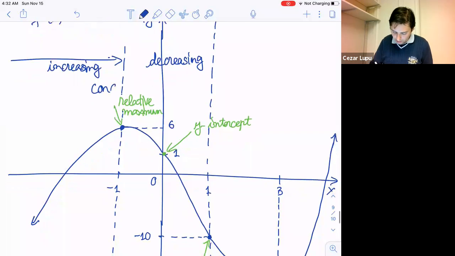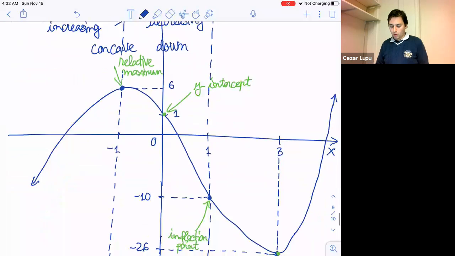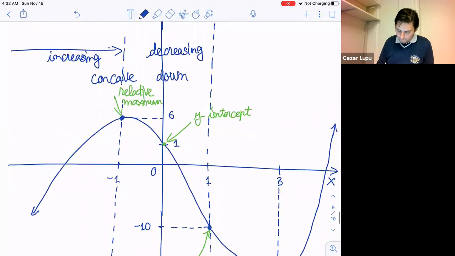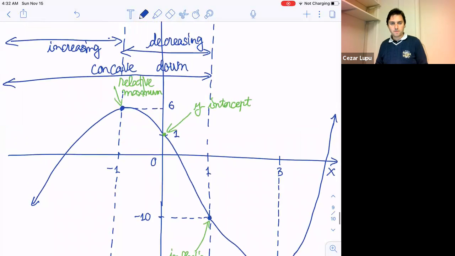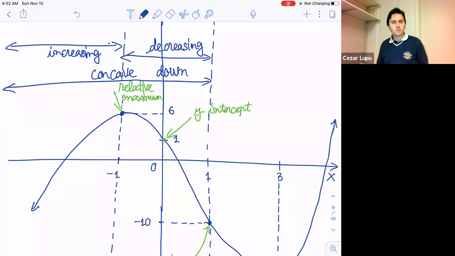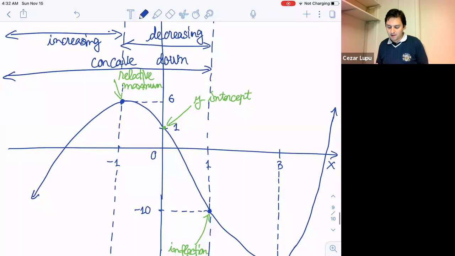All the way, so concave down. As you can see from the picture. Maybe I shouldn't write, because I don't want to ruin the picture, but you can see clearly.